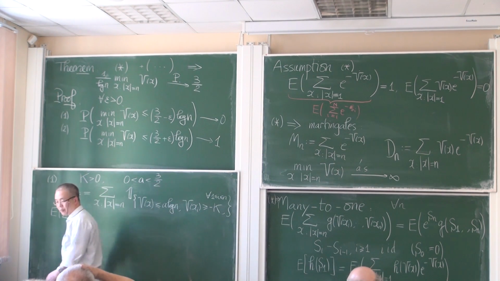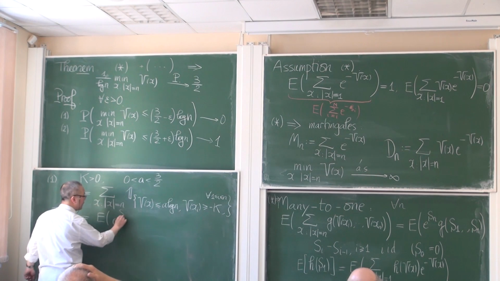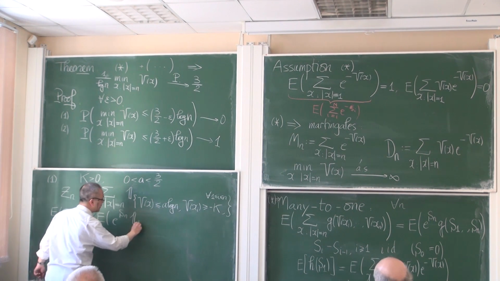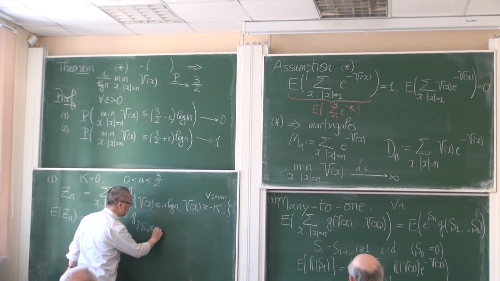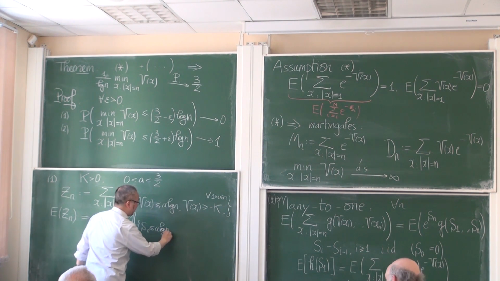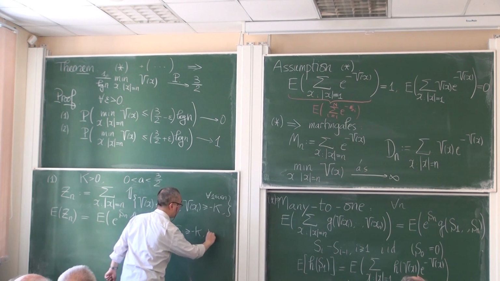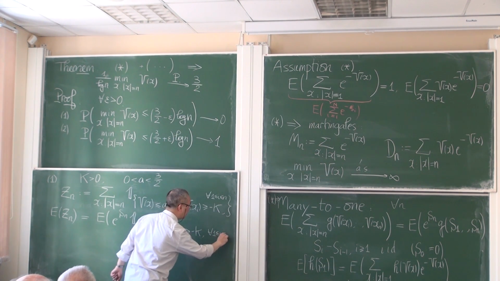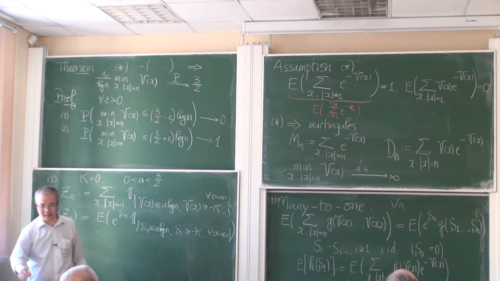So the many-to-one formula tells me that this is the expected value of e to the Sn, times the indicator function of the same thing. So Sn is smaller than a log n, and all the Si should be greater than minus K. So this is many-to-one and nothing else.